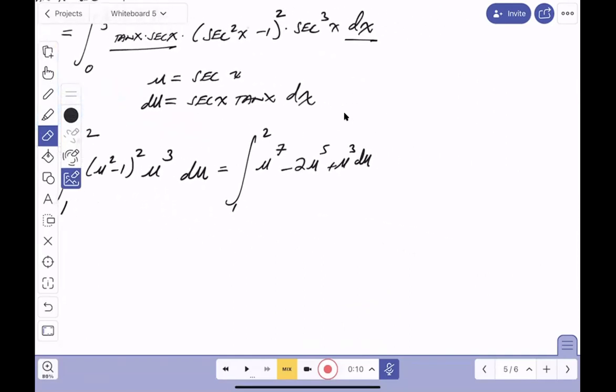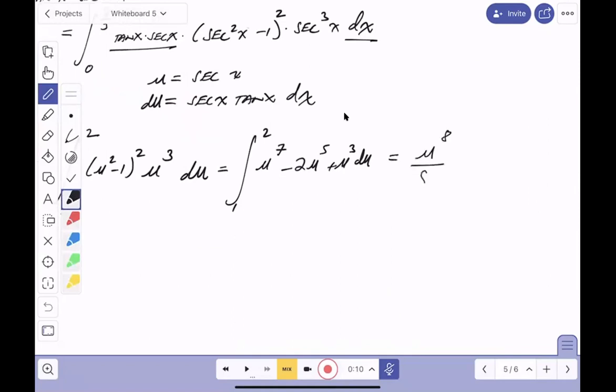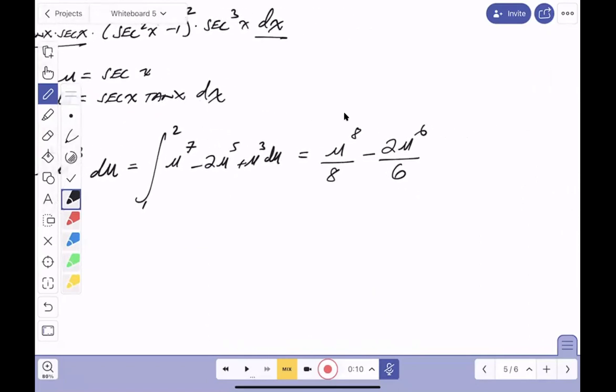And I got to do my integrations now. It looks pretty simple. And I'll write it down for you. That would be u to the 8th over 8 minus 2u^6 over 6. We'll simplify later. Plus u^4 over 4, 1 to 2.